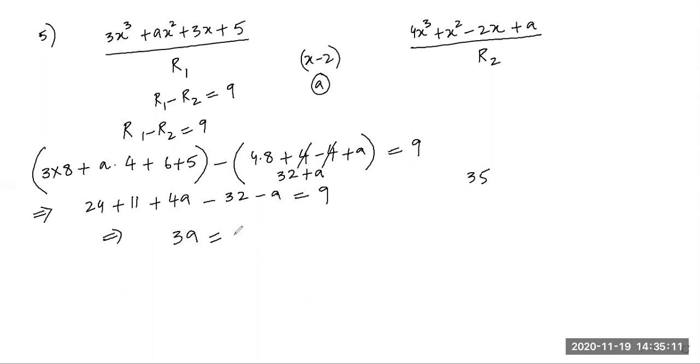So 3A plus 3 is equal to 9. Taking 3 to the other side, it goes 9 minus 3.